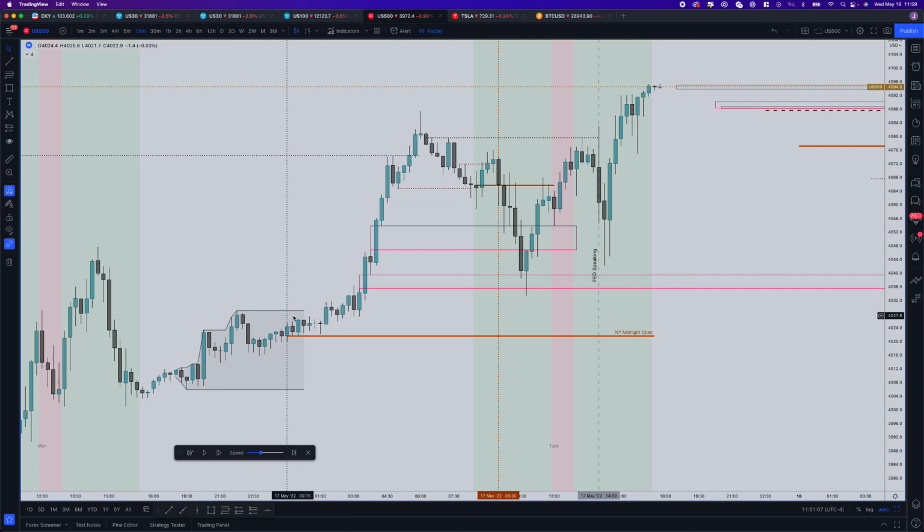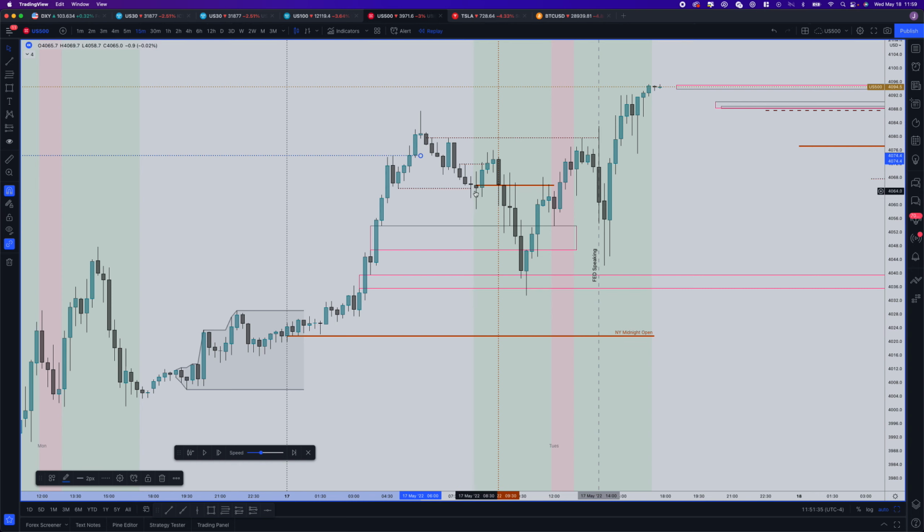You can see the midnight open here in New York, and price just rallied away from it. This line here is the 9:30 New York session open. This was that blue 1 hour relative equal highs that price ran through, then came down afterwards and sold through this swing low here.